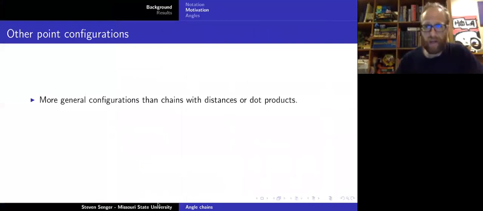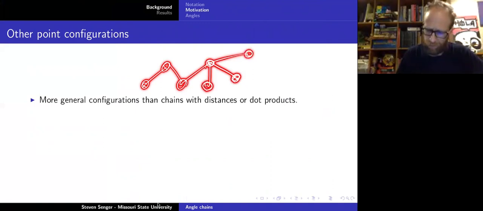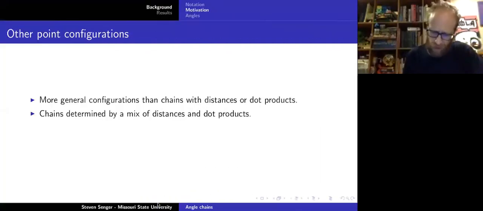Last year at CANT, I spoke on more general configurations. So instead of looking for a K tuple of points, a path, I might be looking for something like this, where I have more general graphs describing the point configurations. This past semester, I've done research with undergraduates involving a mix of distances and dot products.